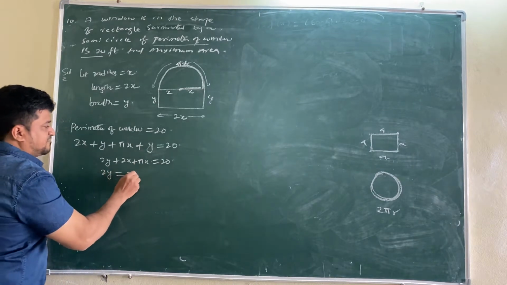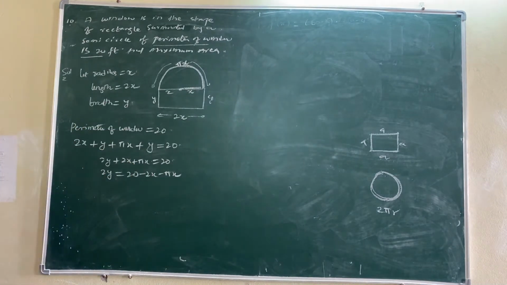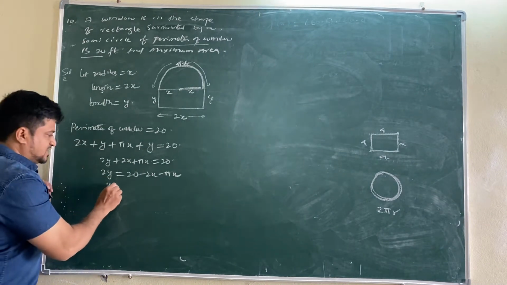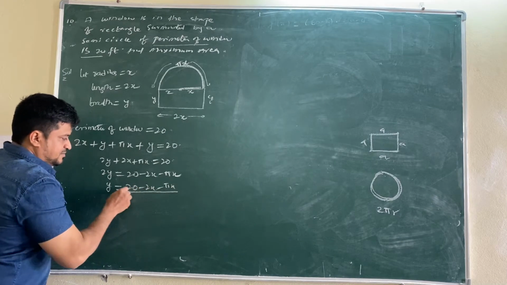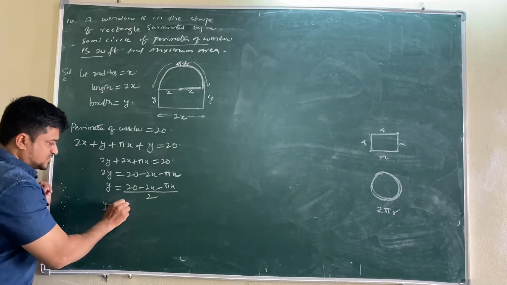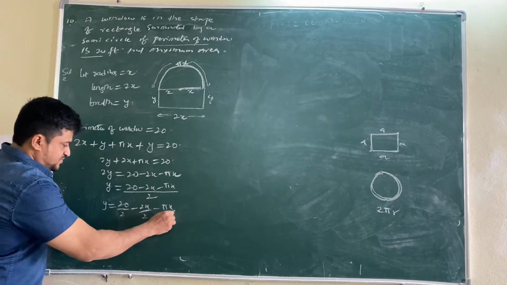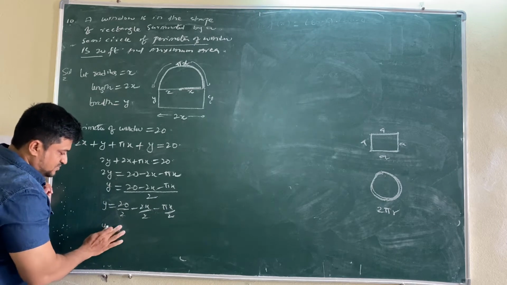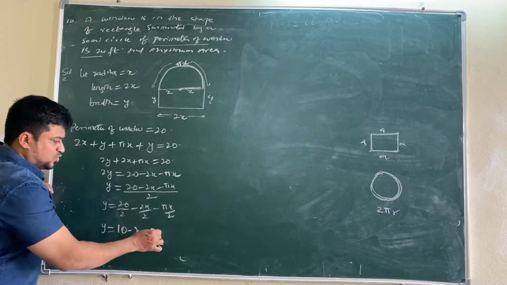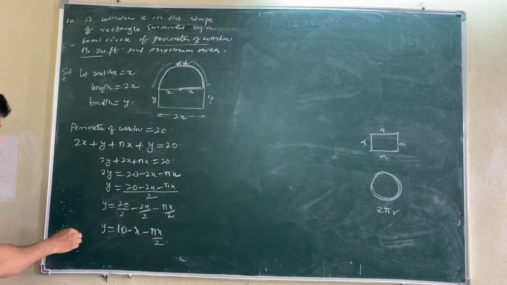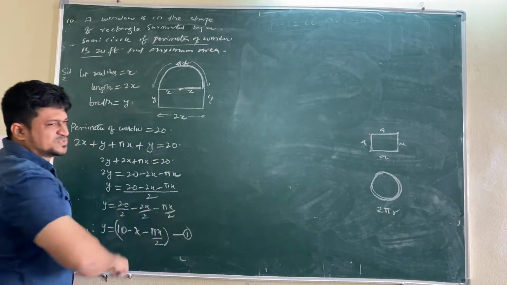We should equate y, meaning writing the other terms on the right side. y equals this divided by 2: y equals 20 by 2, minus 2x by 2, minus pi x by 2. So y equals 10 minus x minus pi x by 2. No need of writing pi as 22 by 7 for this one. We got the y value.